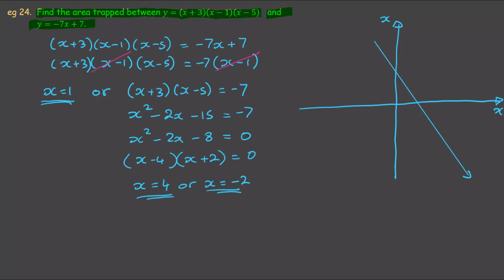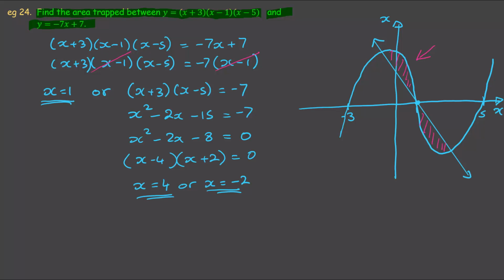It's a straight line, and it will go through there at 1, and then our curve, so we've got x plus 3, so that's negative 3, and then we'd have a 5 here, and it's also going to go through there. So with the x cubed being positive, that would go up here like that, down there, and like that. And so we get a trapped area here and a trapped area here.